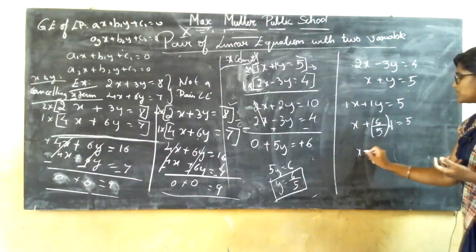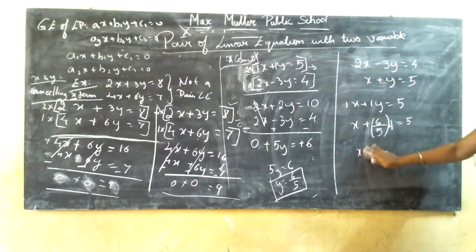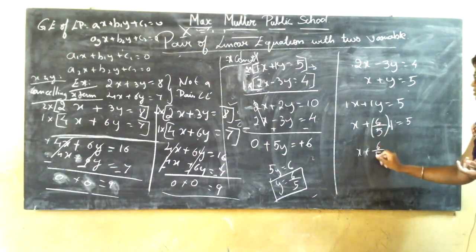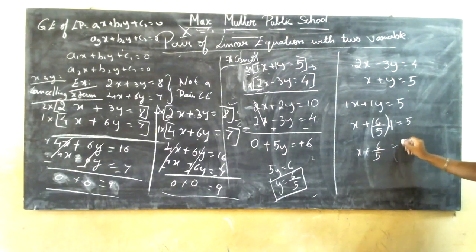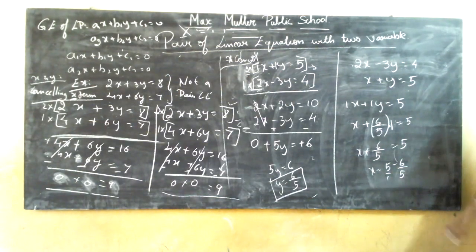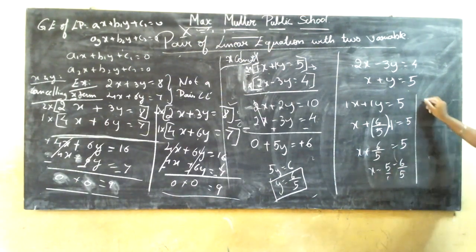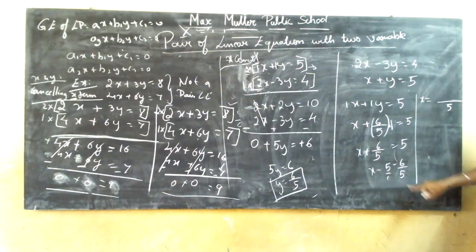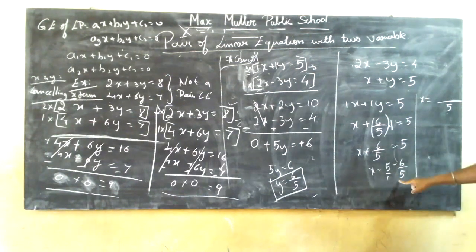So what happens? x plus 6 into 1 is 6 itself, 5 into 1 is 5 itself, so it is 6 by 5 is equal to 5. So x will be equal to 5 minus 6 by 5. Now here in the denominator you have 1, here in the denominator you have 5. Now what you are going to do, you are going to take the LCM. If you take the LCM, what happens? It is 5.